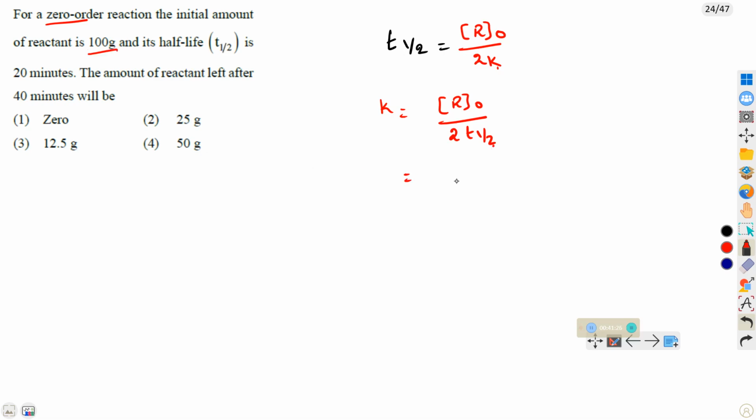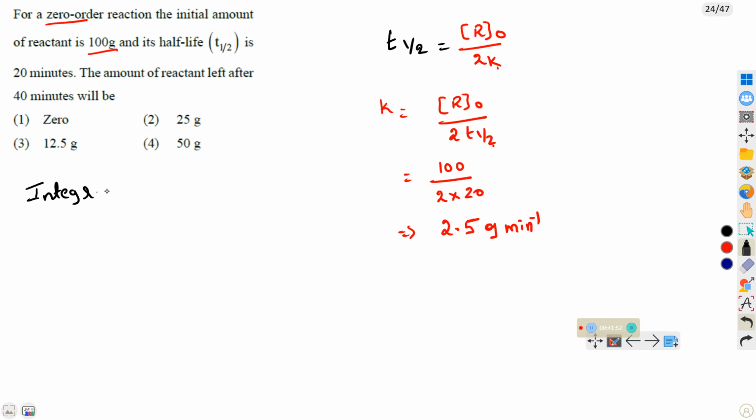Initial concentration is given as 100 by 2 into t half value is 20. 100 by 40 will get 2.5. 2.5 gram minute inverse.